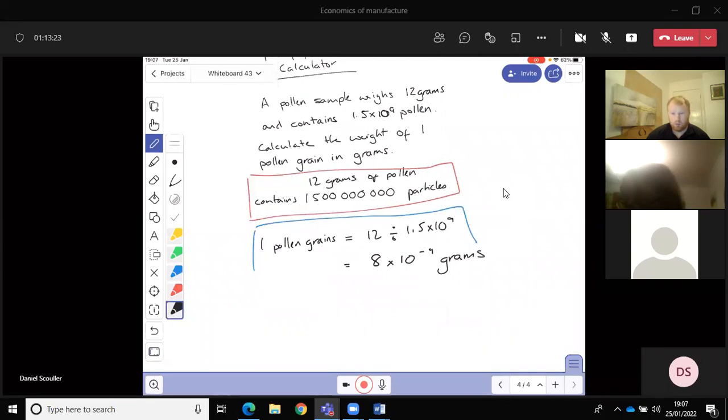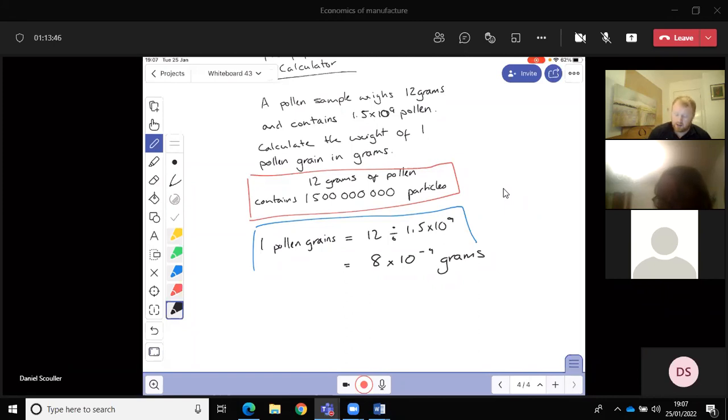Now, what I would say is often you'd get an answer and try and see if it makes sense. So we know what pollen is. We know it's tiny, so it's not going to weigh much at all.